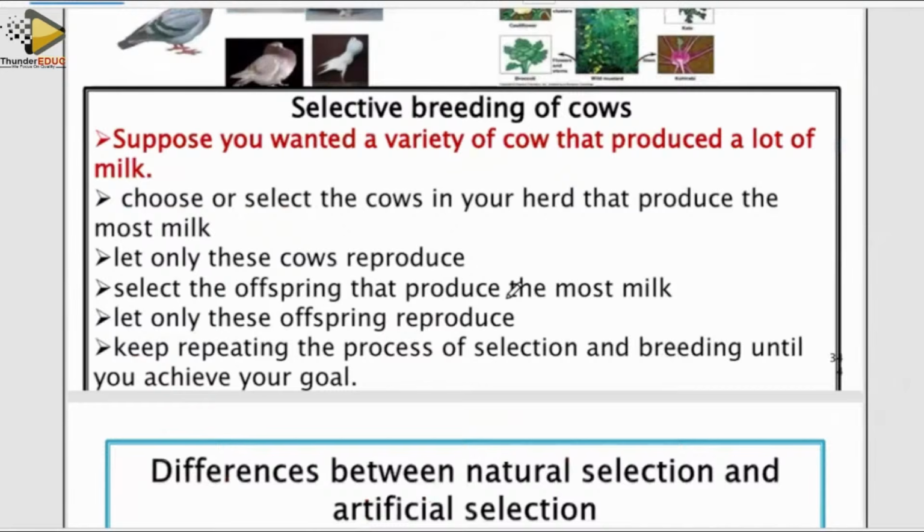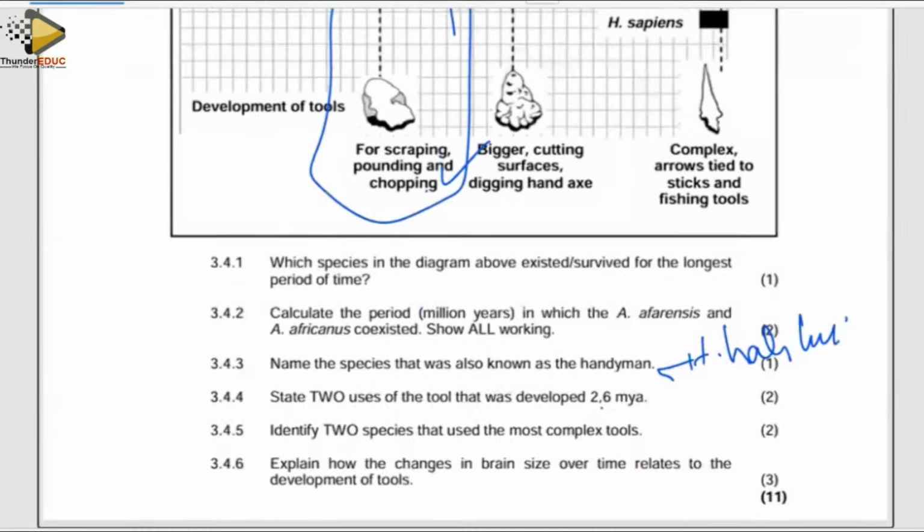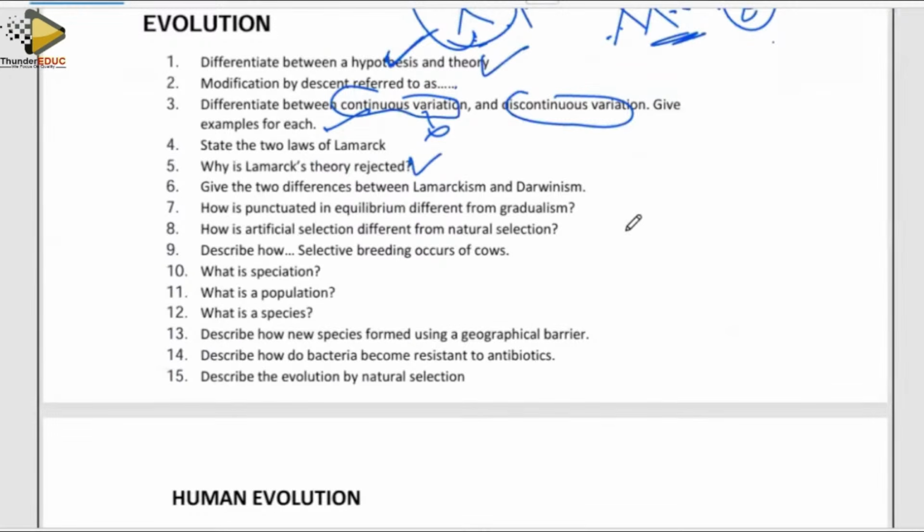For example, choose the cows in the herd which can produce more milk. Let those cows reproduce, then find out which ones produce the most milk and let them reproduce again. You keep repeating that until you get your desirable goals. So that is selective breeding. You have to know that.